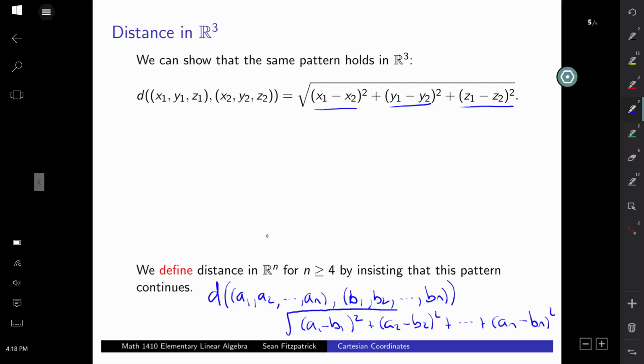And then you take the square root of that whole thing, and that should give you the distance, right? You just kind of assume that this pattern continues.